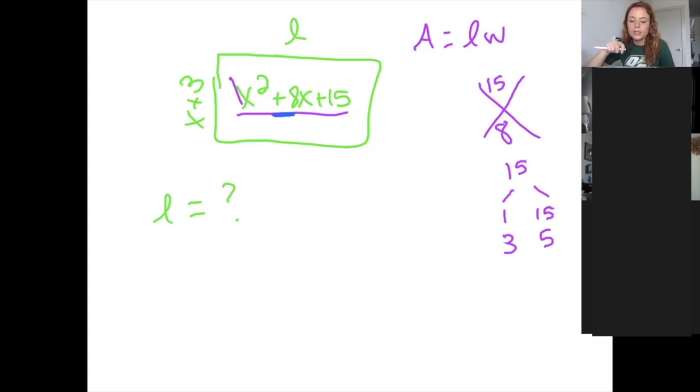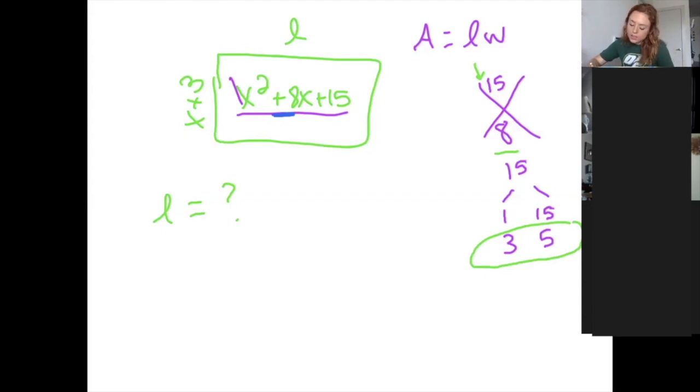Does that make sense so far, Ernest? Yeah. Okay. Kinda. And so then, because it's a positive 15, we're going to figure out what will add to get me to the 8. Well, it's going to be my 5 and 3, or my 3 and 5, whichever way.